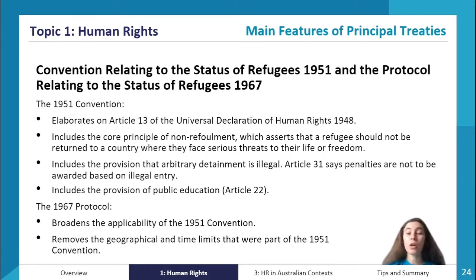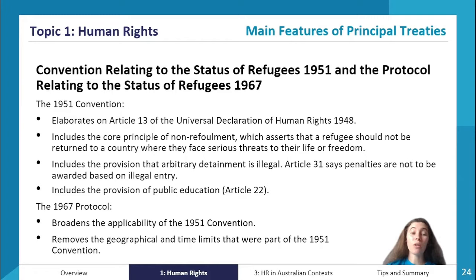So the Universal Declaration is quite broad. It's covering lots of different areas and lots of different rights. And then we do have all of these more specific treaties as well. So in this case, we've got the 1951 Convention that's elaborating on those more general principles set out in Article 13 of the UN Declaration.